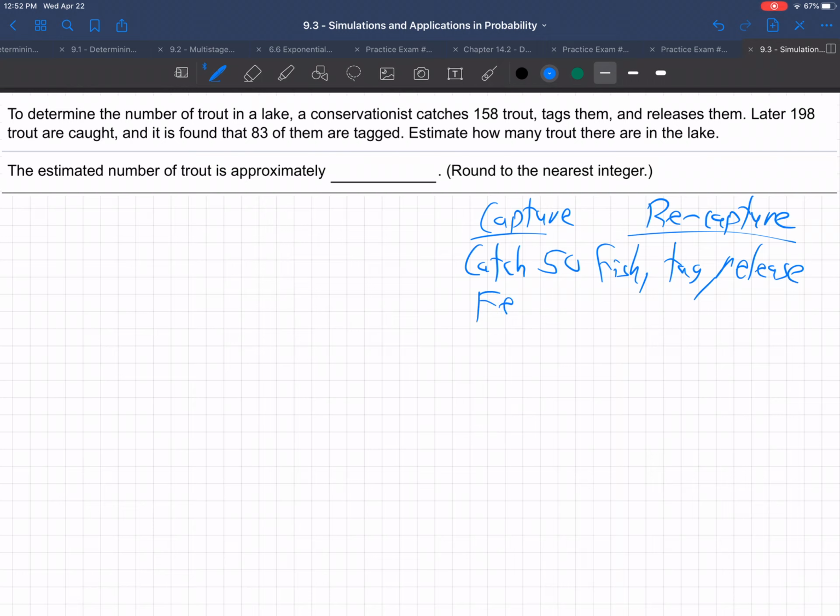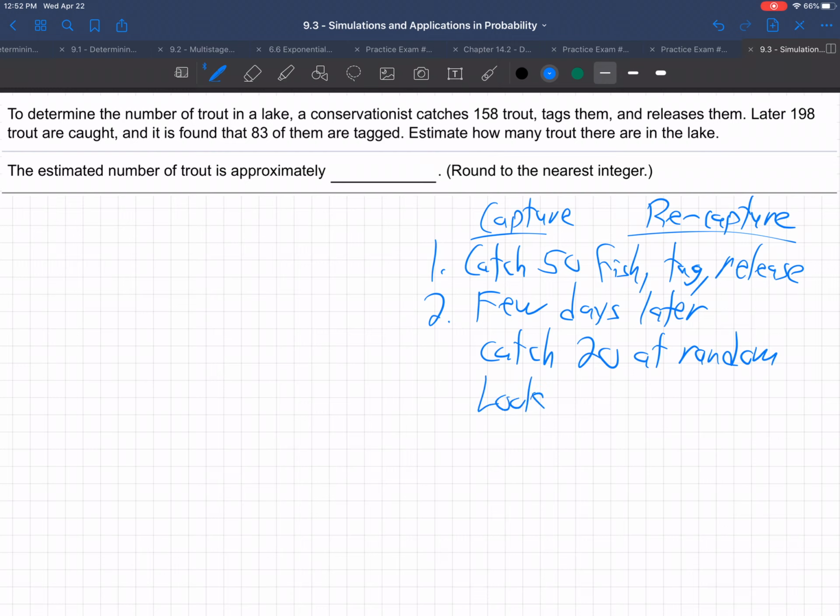So step 1, you catch 50, tag and release. A few days later, you catch, let's say, 20 at random. You just throw down a net, pull up 20 fish, and you look and see 10 have tags, so they were ones you'd previously tagged.